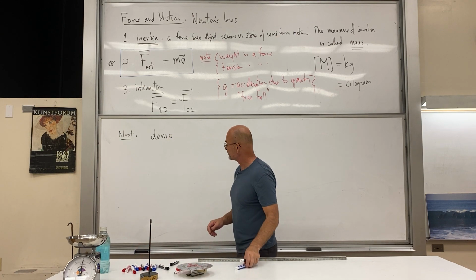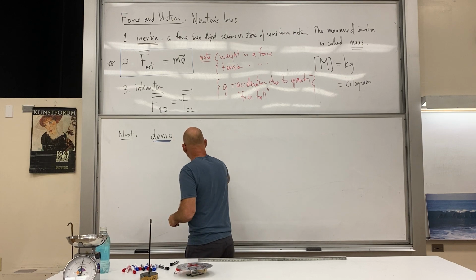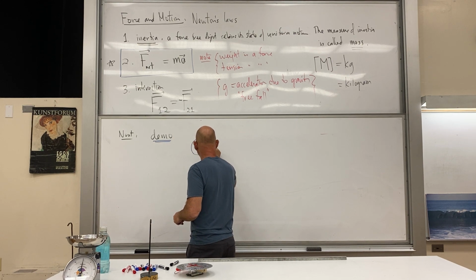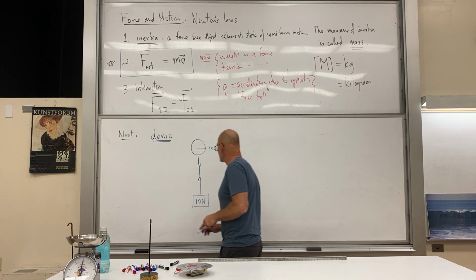This is what we're going to call our demonstration. So we have the scale, we have 10 newtons, there's the hook, there's the string, there's the other hook, there's our mass, the 10 newton weight.